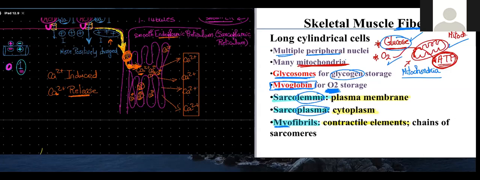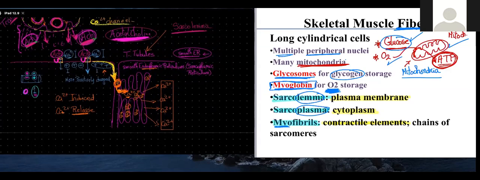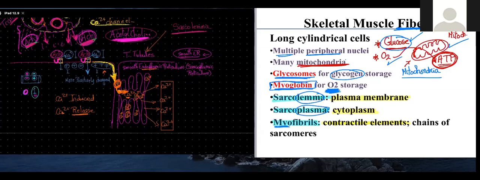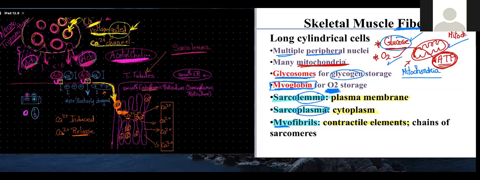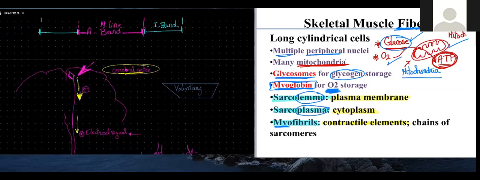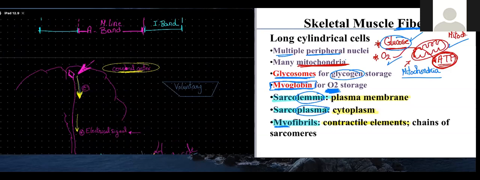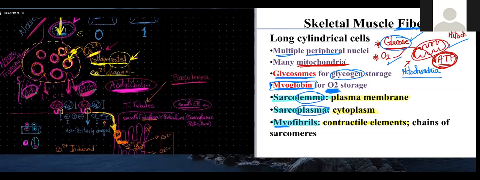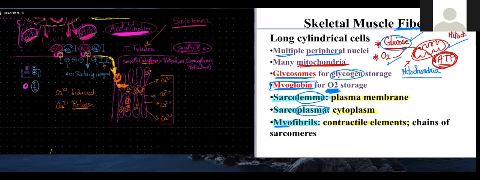All this is going to be taking place before the muscle starts to contract. So what I started with here: I initiated an electrical signal in my brain, and I ended up having calcium released in the cytoplasm of the skeletal muscle cell.